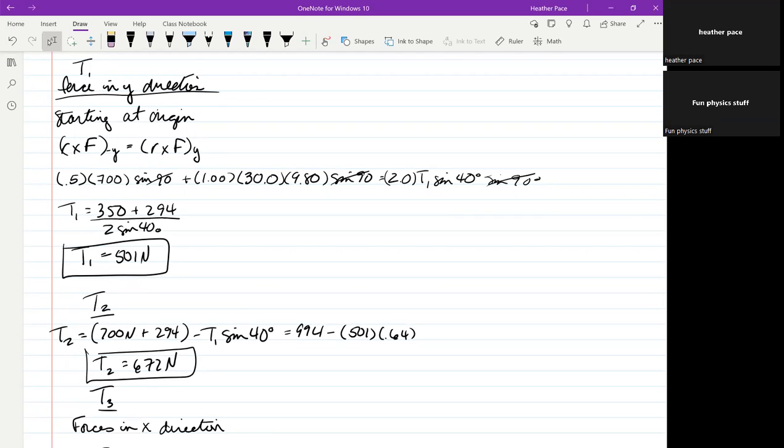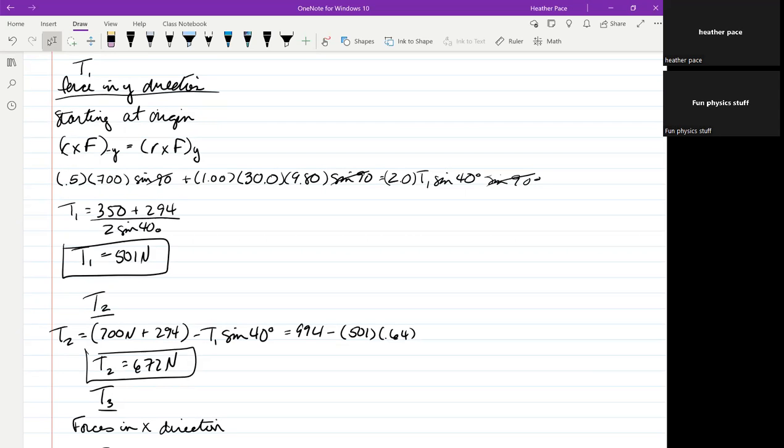Okay, so T1, we're going to look at the force in the Y direction, starting at the origin, which we're saying is 0.5 meters from this man. We're going to have torque negative y, and torque positive y. So I just have r cross f negative y, r cross f positive y. We were given most of these values.